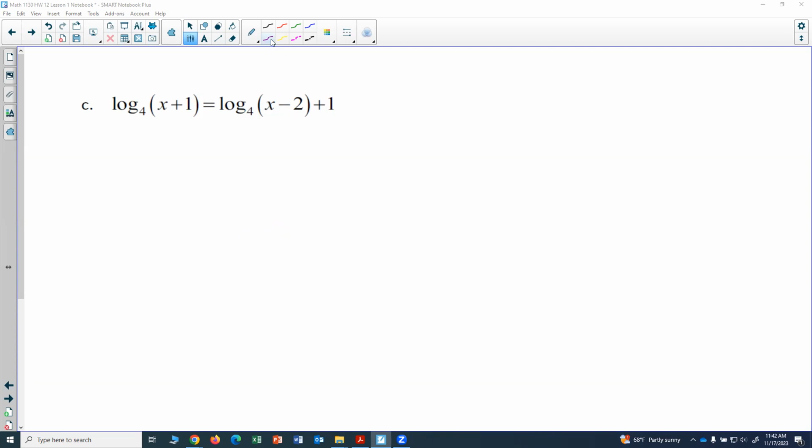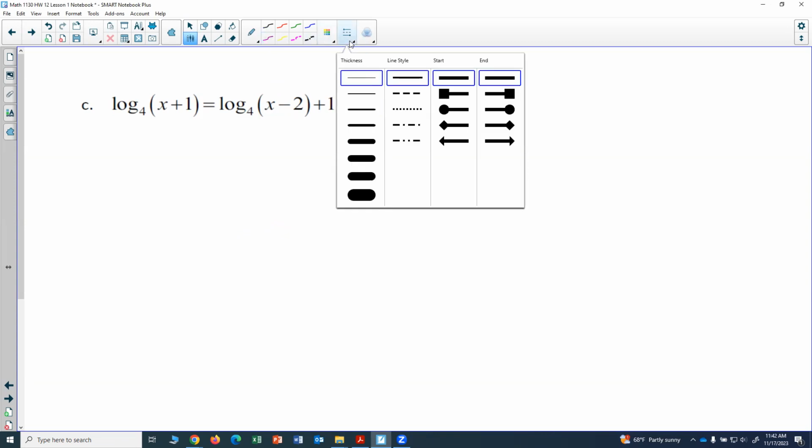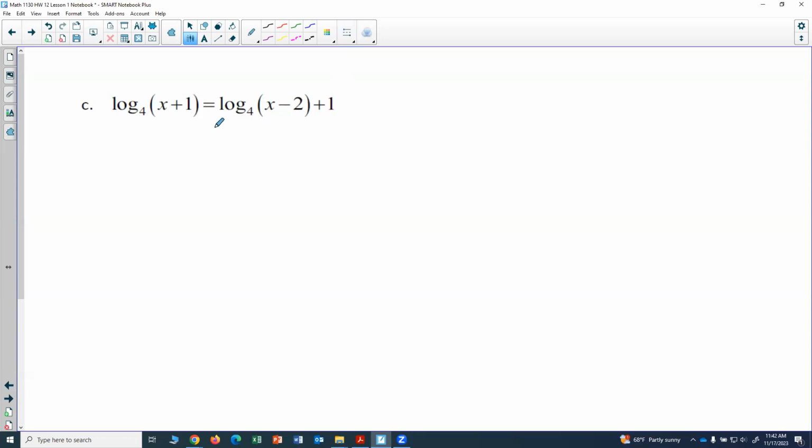So what I want to do is I want to start out by moving all of the log expressions to one side of the equation. So I'm going to subtract log base 4 of x minus 2 from both sides.